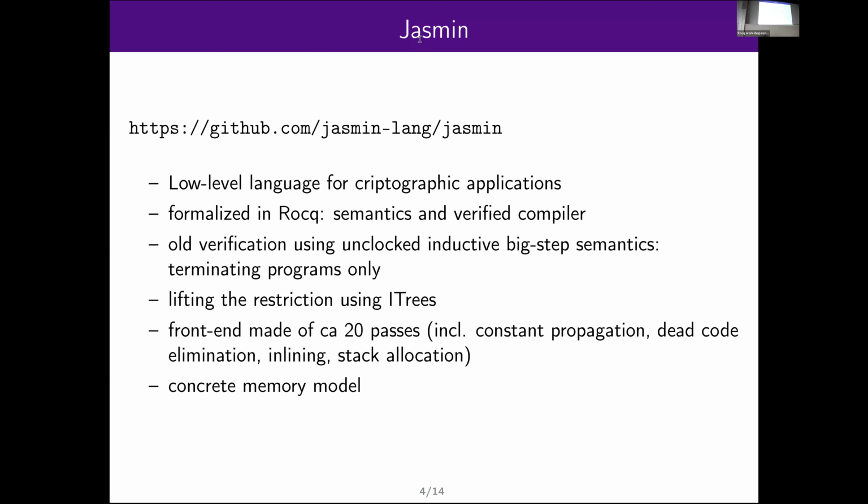And up to now, we have verified the compiler with the new semantics for the front end, which is basically made of 20 passes, including constant propagation, dead code elimination, inlining, and stack allocation.